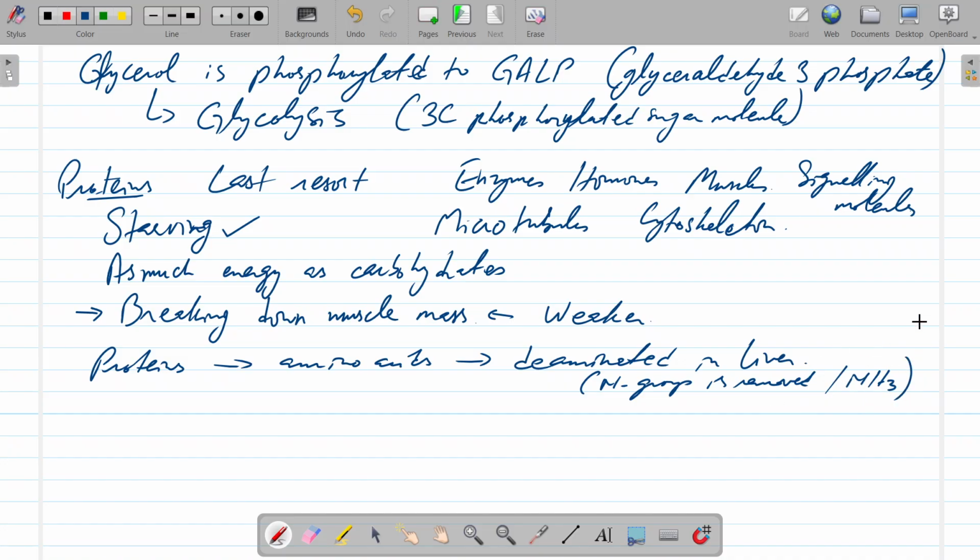The ammonia is obviously processed and removed as a waste product, converted to urea, etc. And then what's left after deamination is converted to carbohydrate and then used as energy.